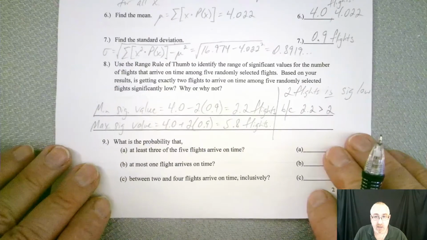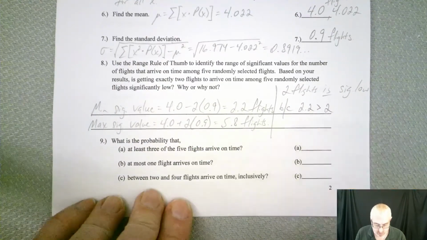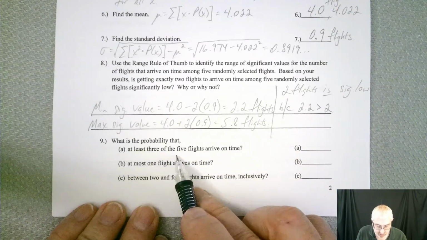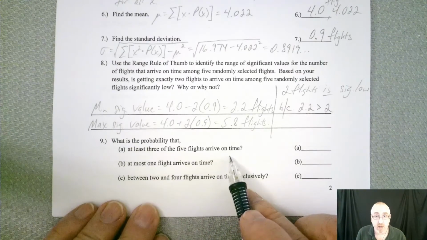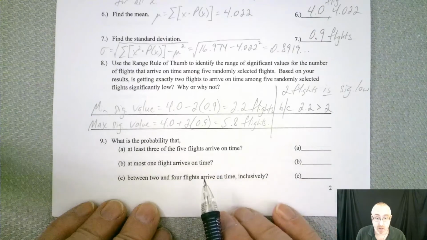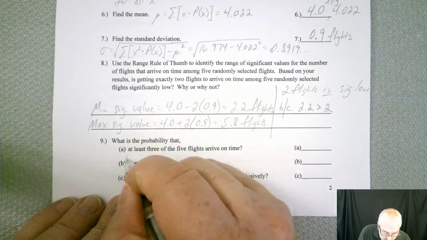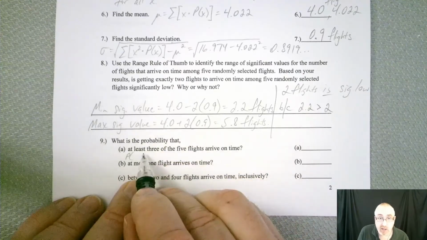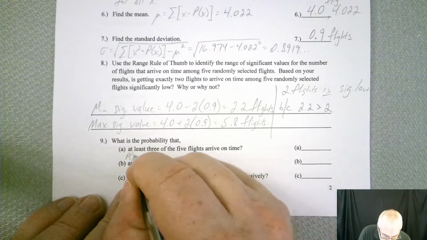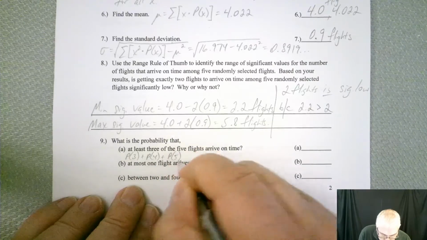All right, let's take a look at this last one, and then we'll cut this video down and go to the next page. What is the probability that at least 3 of the 5 flights arrive on time? So now we just have to use what's in the table. So remember, at least 3. So be careful. At least 3 includes 3, but it's 3 and up. So you have to go 3, 4, and 5.